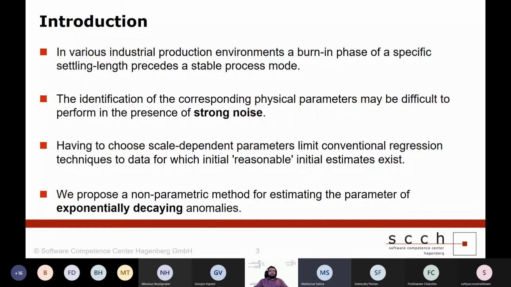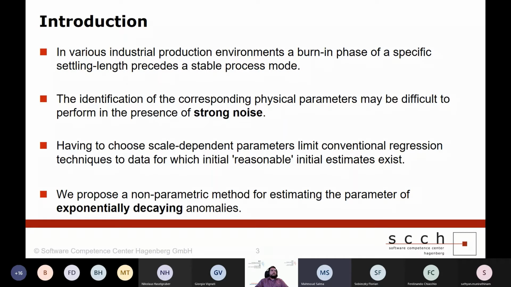Also, one of the problems that we may face is that we have to choose a scale-dependent parameter, and this provides limits and may hinder some usage for the naive methods that are usually used in this case.